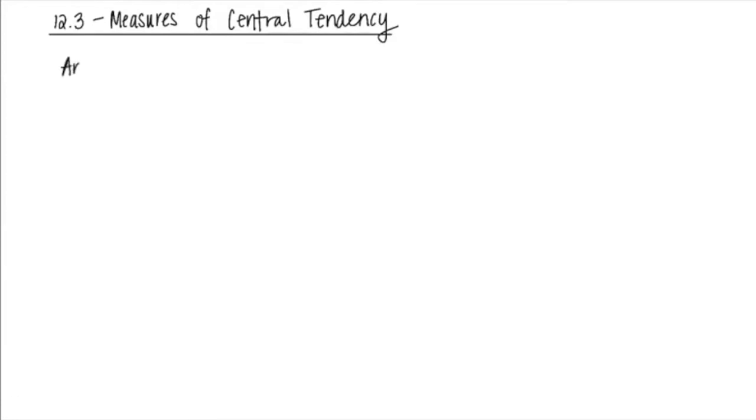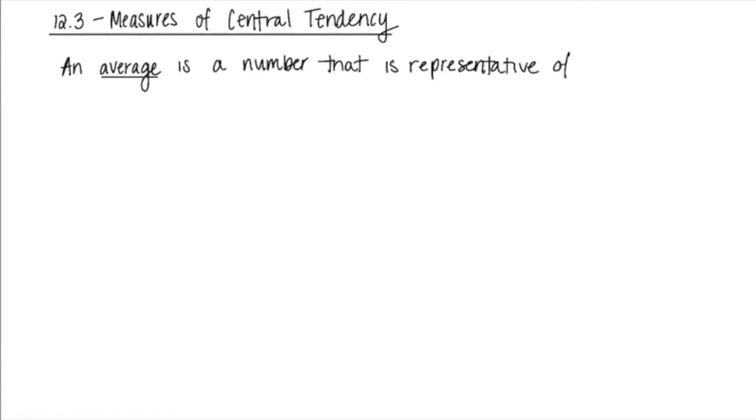So ultimately, an average is a number that is representative of a group, or even potentially a characteristic.